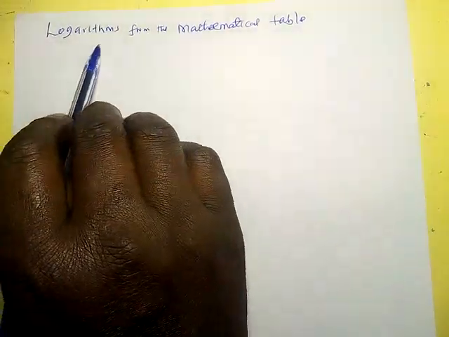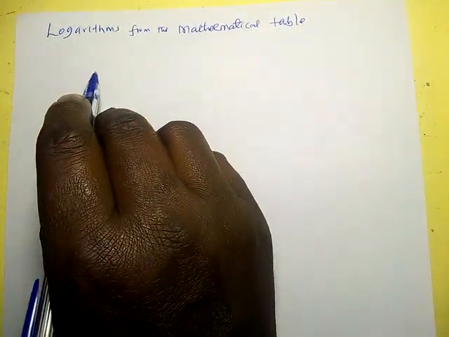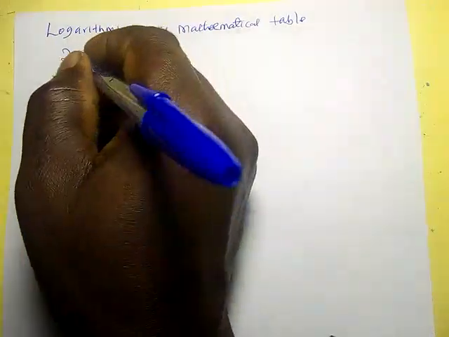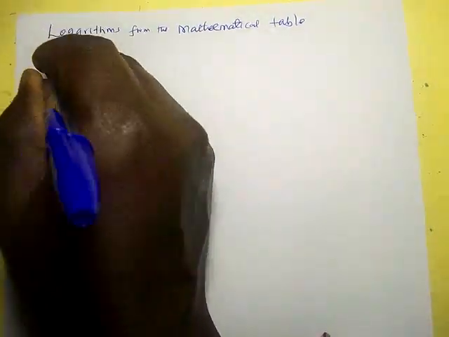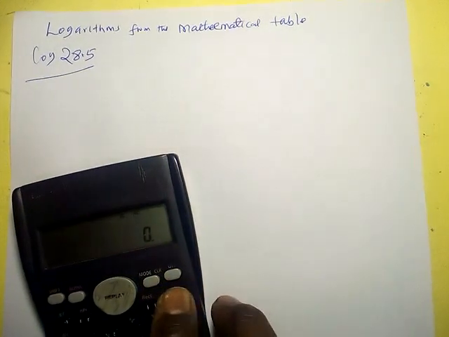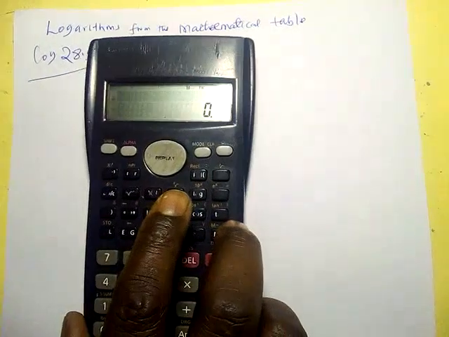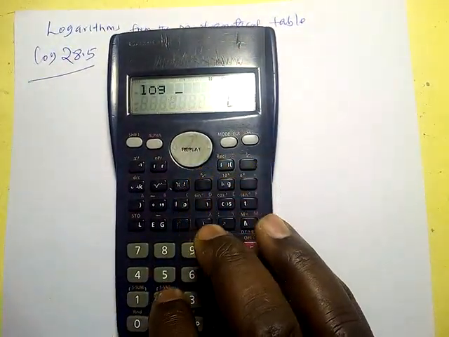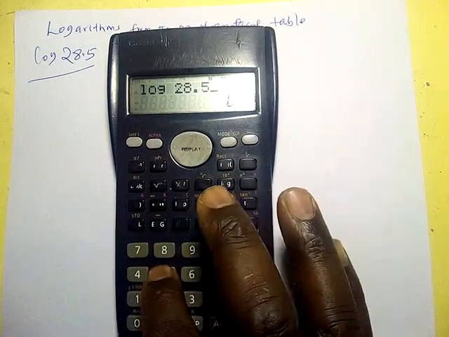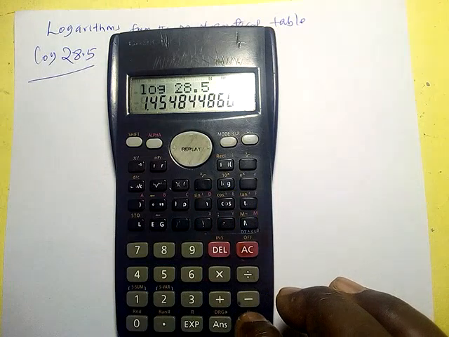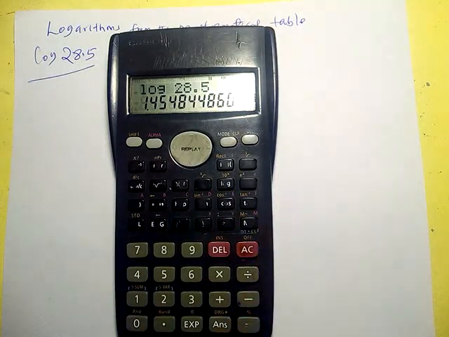It is very important for you to know that. So we want to find logarithms from the mathematical table. You will find the logarithm of 28.5. Find the log of that. If it is a calculator, you will just use the calculator very fast and say log 28.5, and the answer is 1.4548.